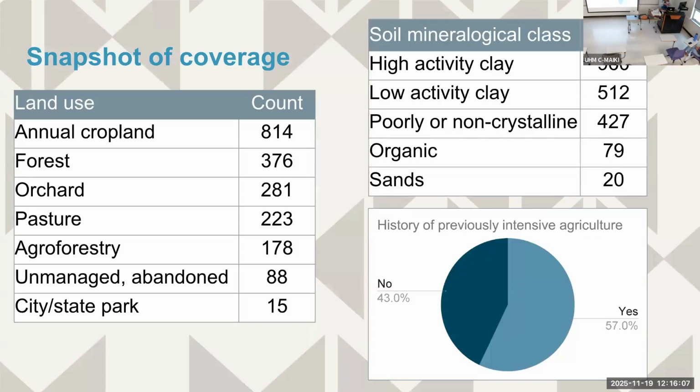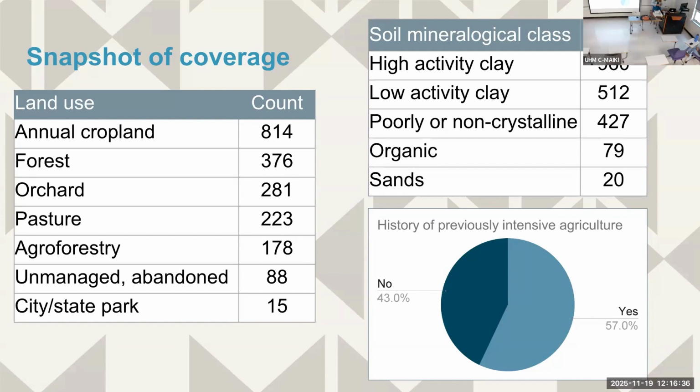So just a snapshot of the coverage where we are up to date. This is all the 2000 soils in our database, where you can see how we have the coverage of different land uses, soil mineralogical class, and then history of previously intensive agriculture. We've attempted to get good coverage, but you do see that we have proportionately more annual cropland. I'm in the Department of Tropical Plant and Soil Sciences.